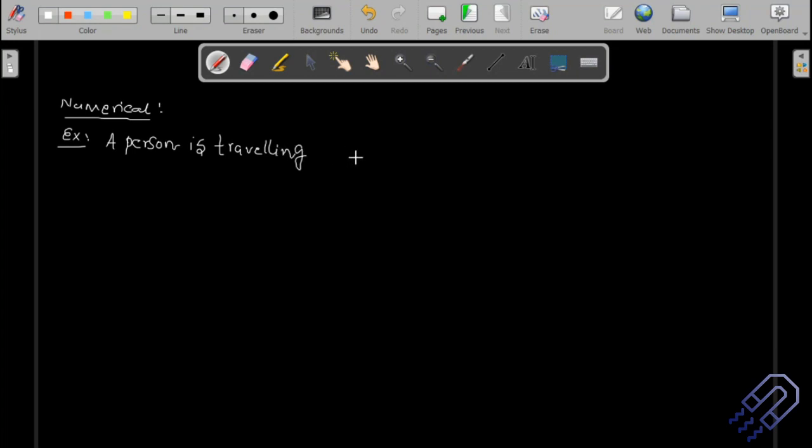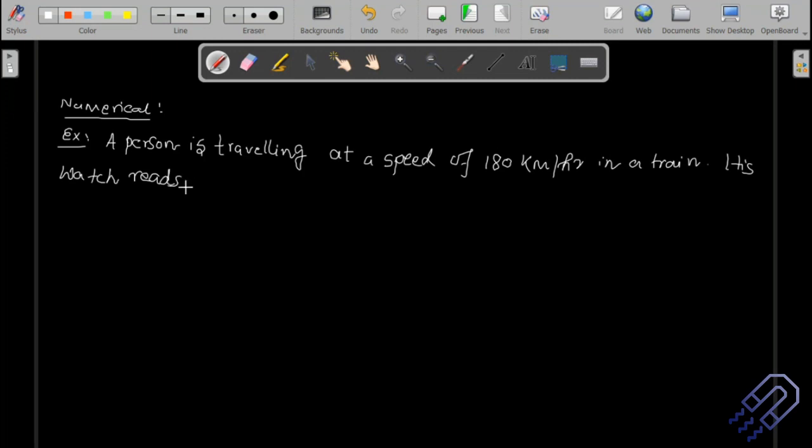So a person is traveling at a speed of 180 kilometer per hour. That's the speed, right? So that's in a train. His watch reads 5 hours in traveling from station A to station B. So understand this question, this is very interesting.